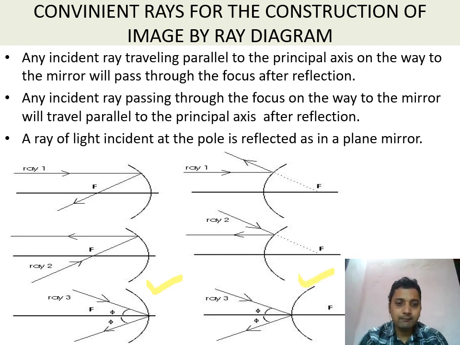Here you can see a ray of light striking at the pole. The angle between the incident ray and the normal, and the angle between the reflected ray and the normal, are both equal. This is the third rule. Next we will discuss the fourth rule.